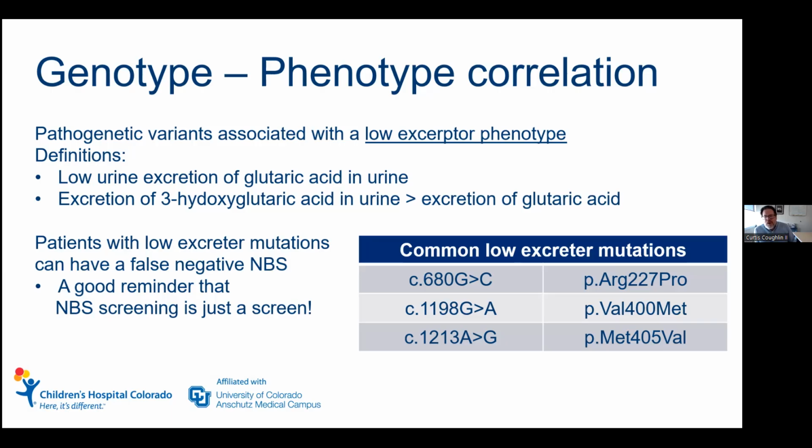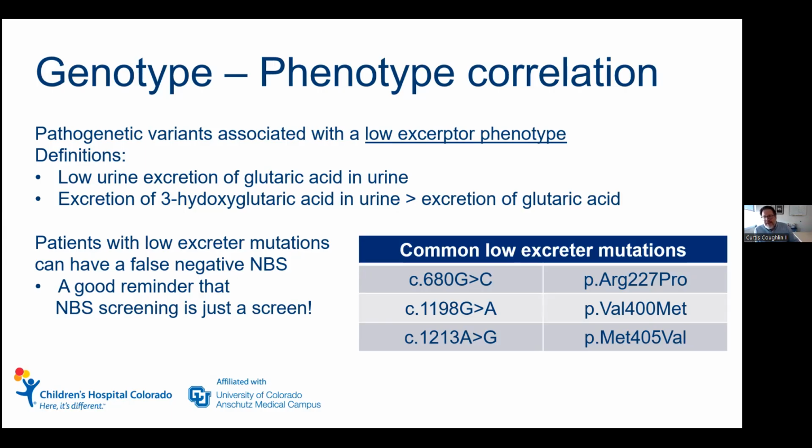In most of the literature, especially led by the German group, they have a cutoff of how much glutaric acid is in the urine. I think it's 100 micromole per liter, if I remember right, and if you have less than that, you're a low excretor.